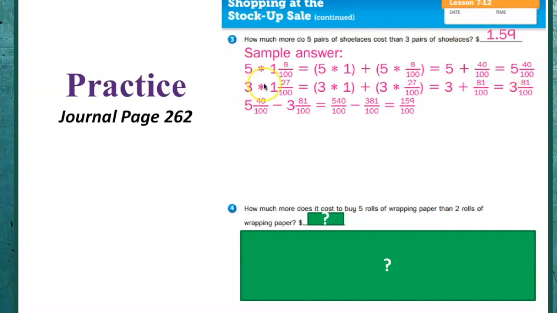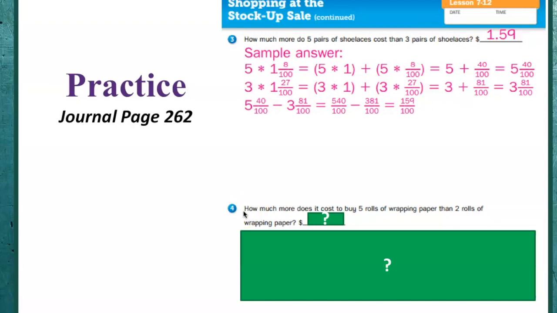Next, they looked at 3 times $1.27 because it was $1.27 each, and they got 3 and 81/100ths, which again, I would write as $3.81 because this bottom part looks a lot more complicated. So all we need to do is take $5.40 minus $3.81. And when we do that, we would get $1.59.